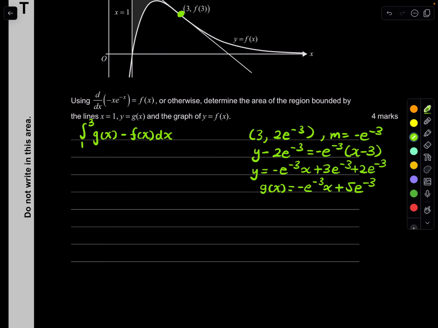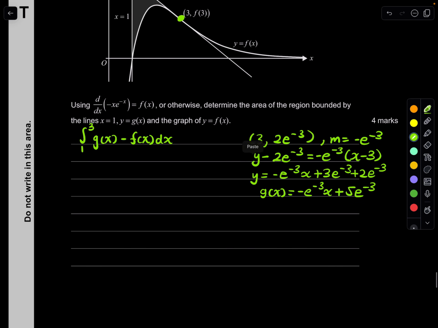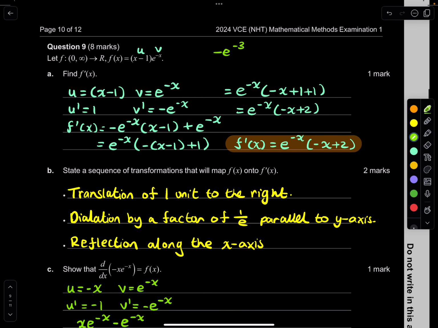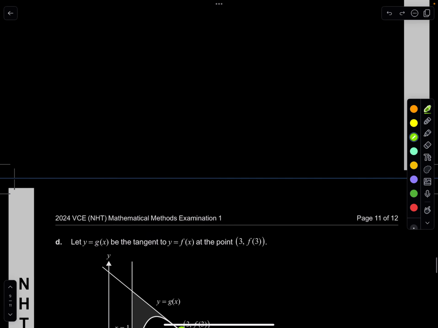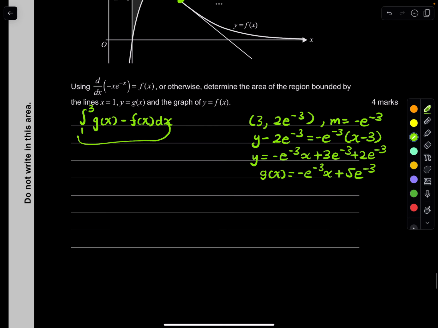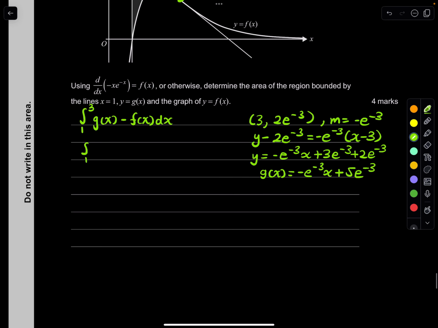Now, of course, f of x, you can't integrate that. That's why they've given us this over here. So let's split this up: the integral from 1 to 3 of g of x, so g of x is negative e negative 3x plus 5e negative 3 dx, minus the integral from 1 to 3 of f of x.